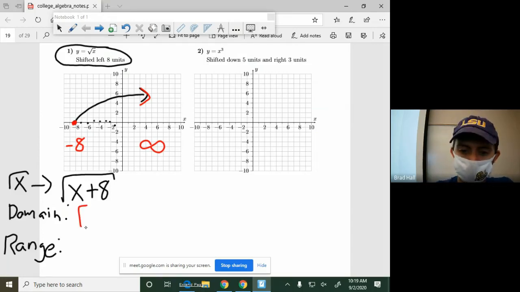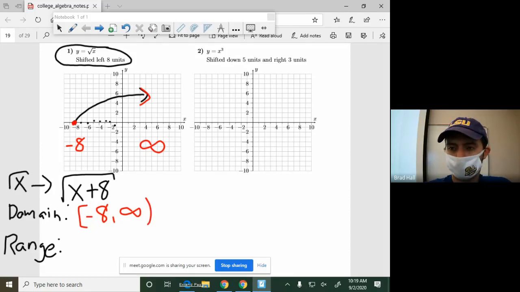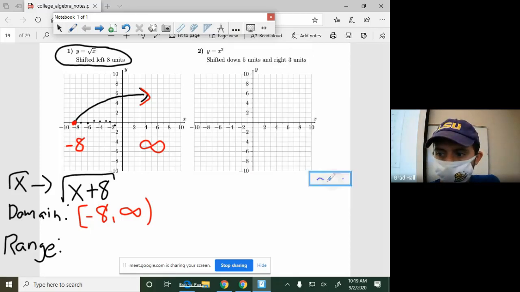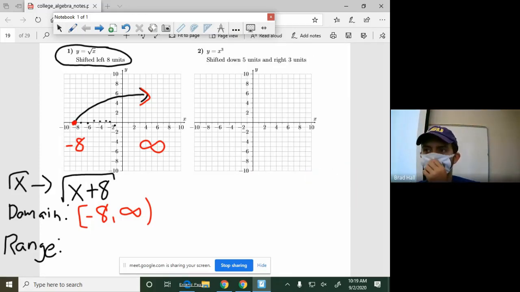We will use a bracket with -8 because -8 is part of the graph. All right, so that's the domain.